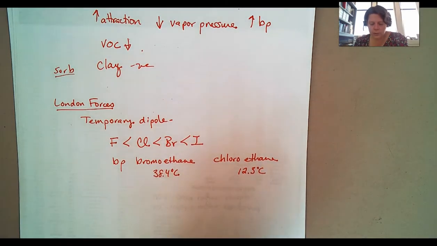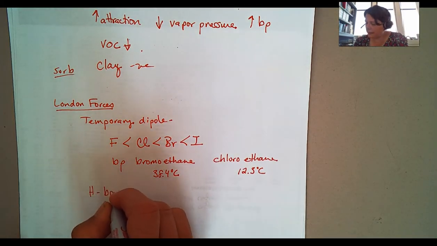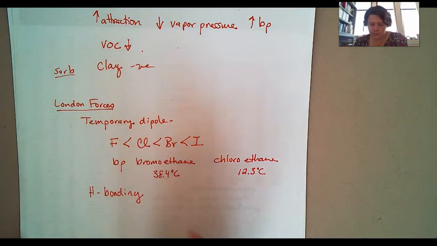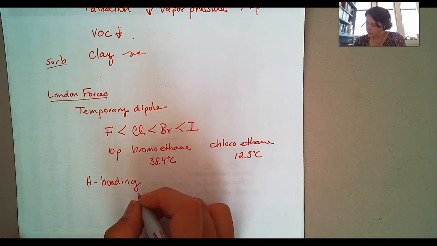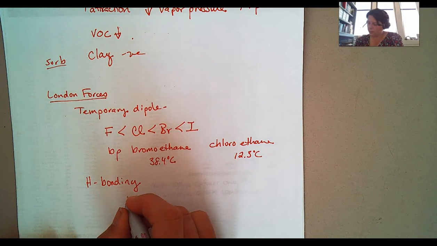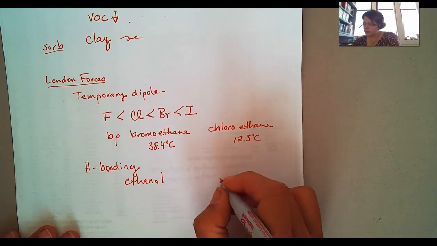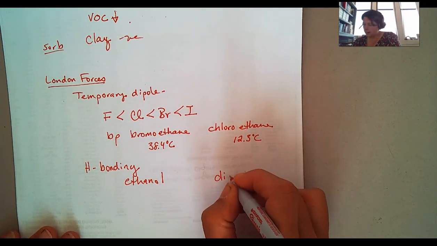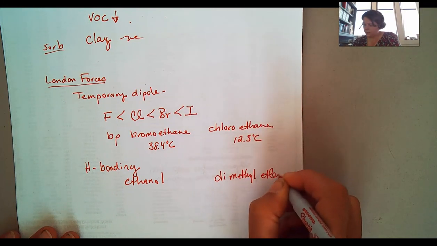When hydrogen is involved, this is called hydrogen bonding. So you should remember H bonding. It becomes important when there's hydrogens involved. Let's look at an example here of ethanol versus dimethyl ether.